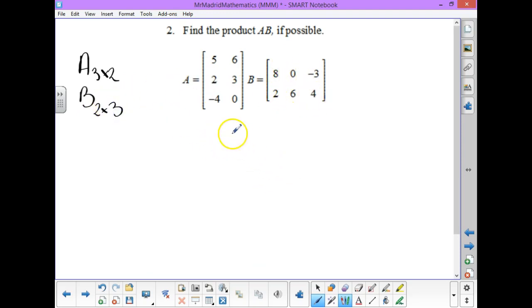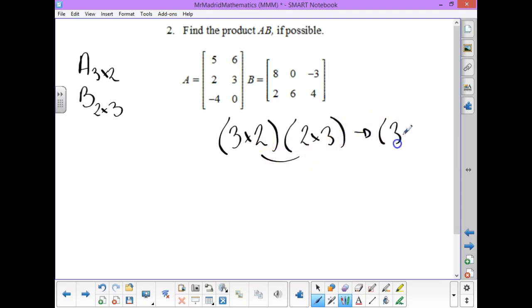Now I'm going to do the test from the first question and set it aside. They're asking about AB, so A goes first, very important, and next goes B, which is a 2 by 3. So here's the check. Yes, it's defined, and it's going to give me a 3 by 3 matrix.